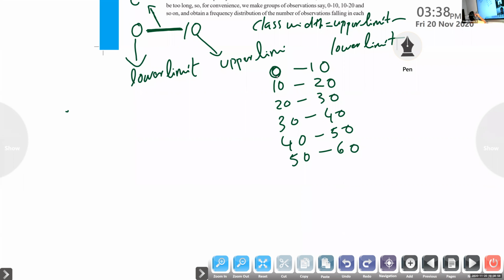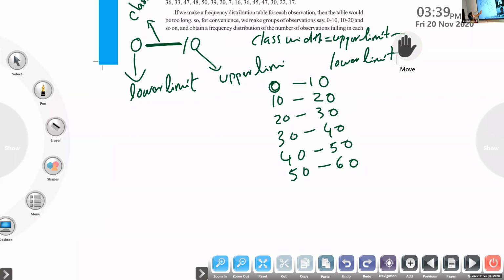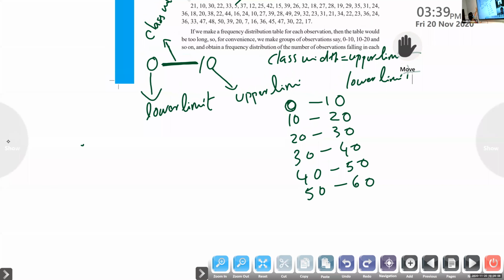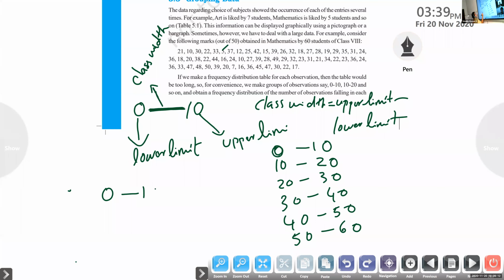And here we discussed the frequency of the class 0 to 10. While we discussed the frequency of the class 0 to 10, we counted 5 and 7, and we wrote 2 tally marks and frequency as 2.